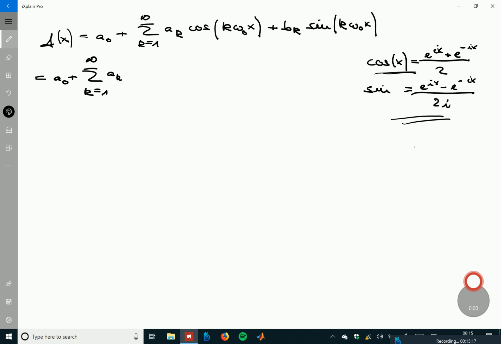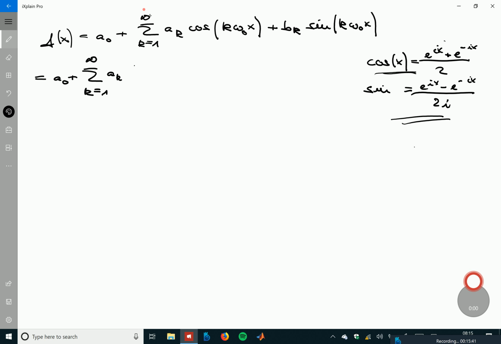So we only need to account for the fact that our x here is actually k omega 0 x, because this whole thing is x if you put in k omega 0 x on this side, yeah? So don't get confused by the x, it's just the input argument.